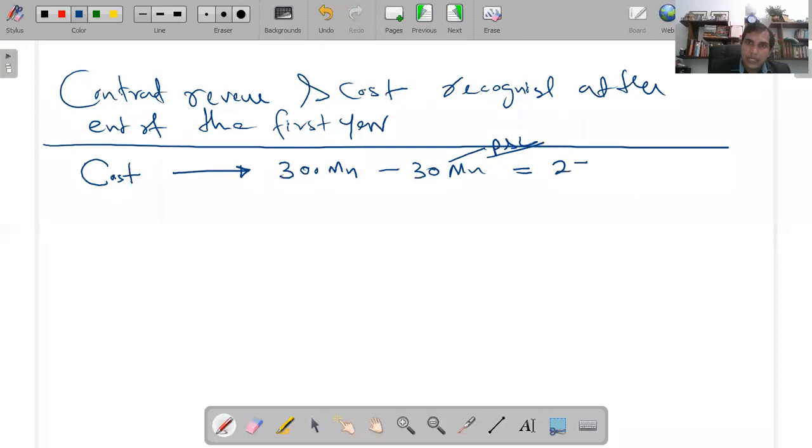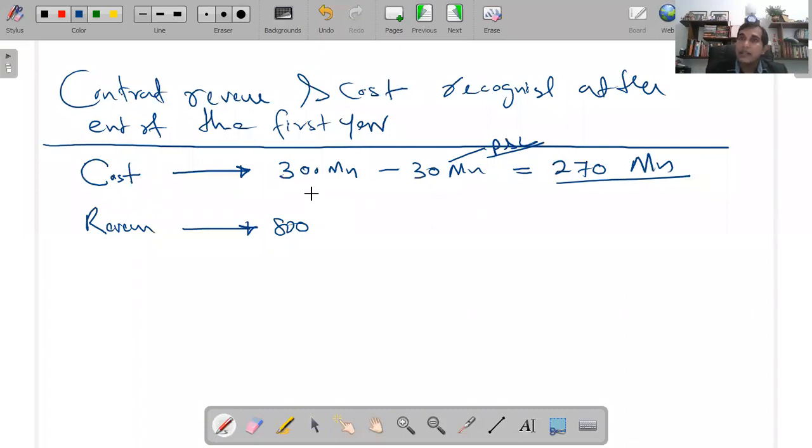So you are going to consider only 270 million as the cost of this particular contract. Then revenue, you already know the revenue, that is 800, right? Revenue is 800.